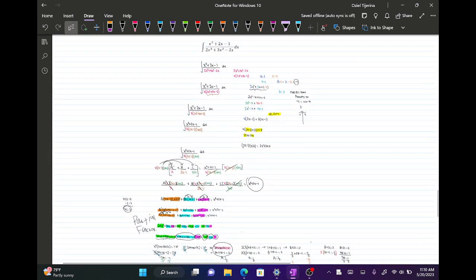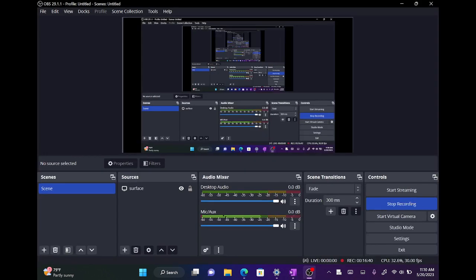So if you guys do feel overwhelmed by this, you're not the only one. This is really hard. It was one of the most complicated methods of integration that I have ever done, and I'm not gonna lie, I really hated it. But you have to have a lot of patience. You have to go very slowly, because if you go a little bit fast, or if you miss something, then you can mess up your problem.